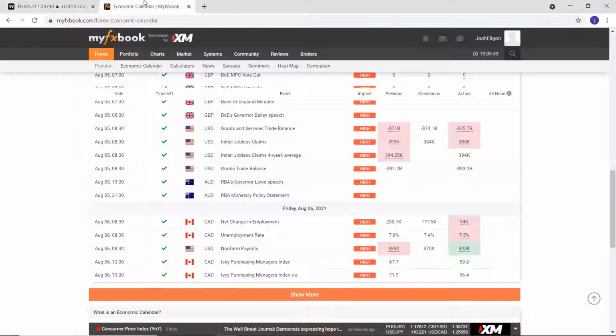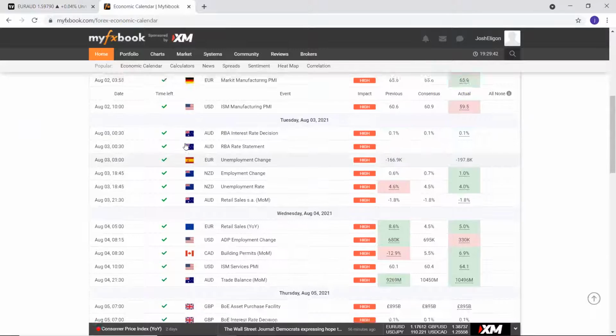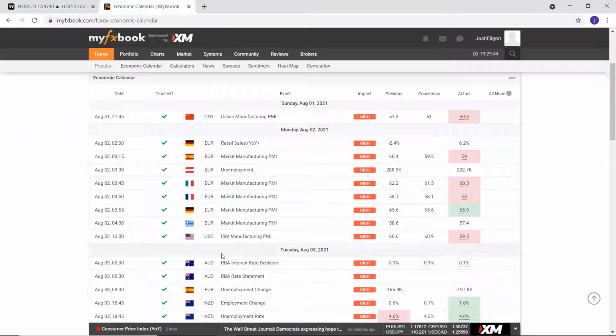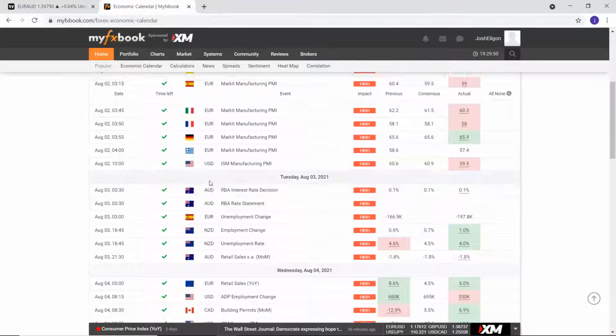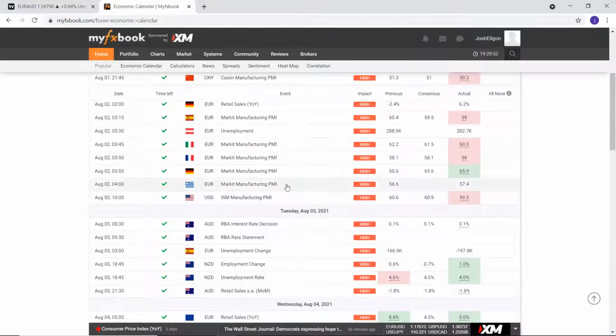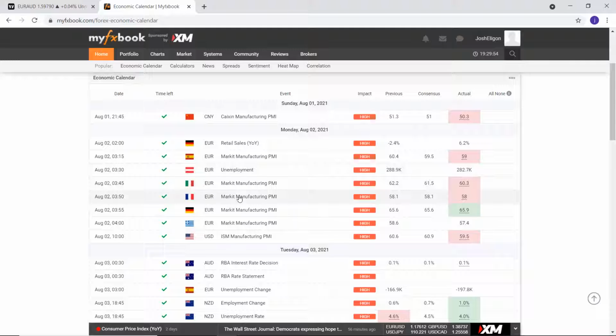About this point in time, I think there was some fundamental news. We had the euro unemployment change afterwards, as well as some manufacturing PMI. These are not too important really, because these are a mixture of different countries that make up the European Union, Germany and Spain and all of that.